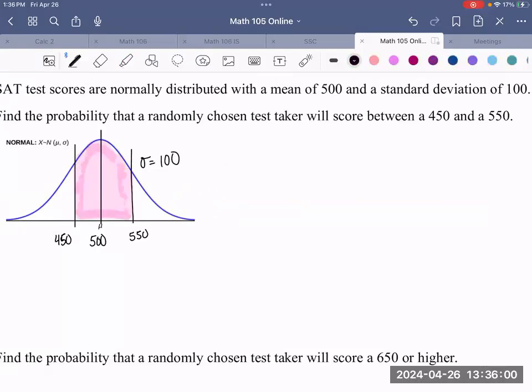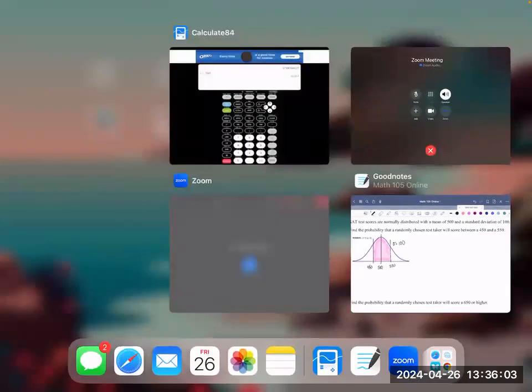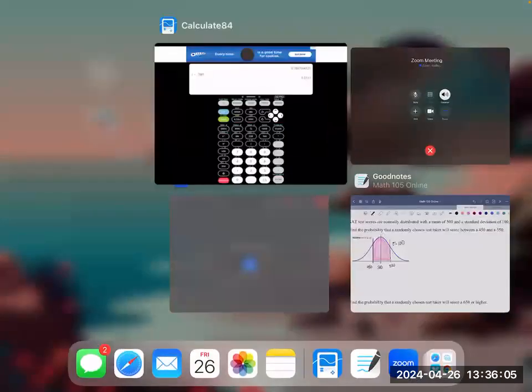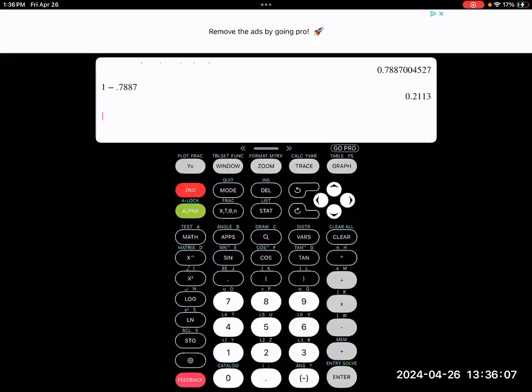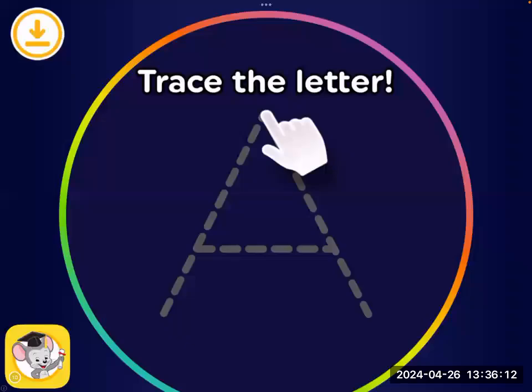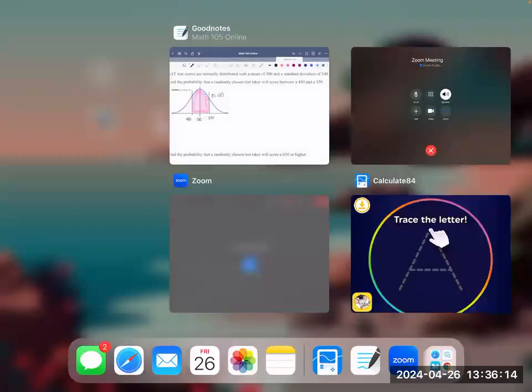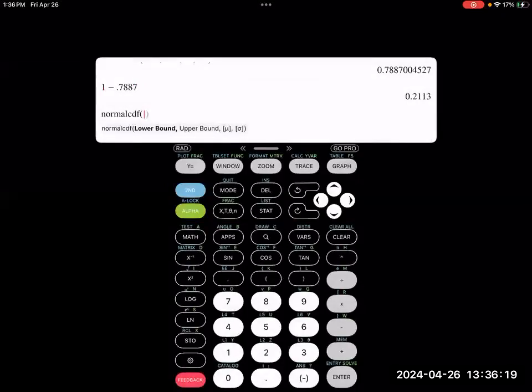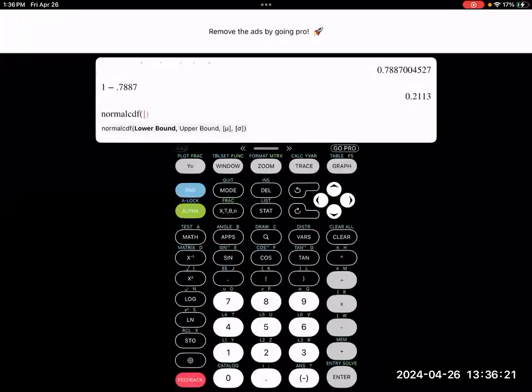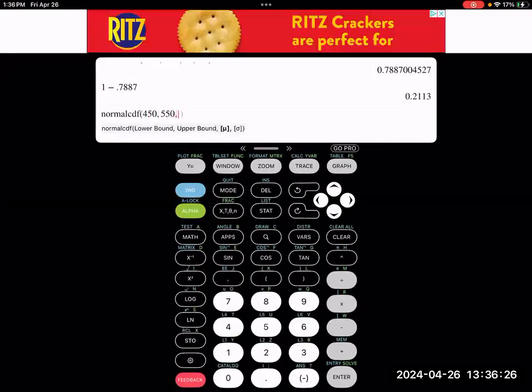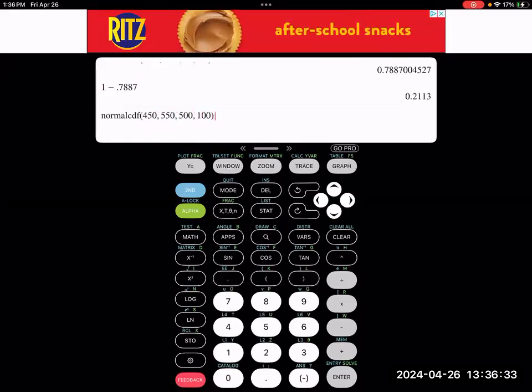Okay. So on your calculators, we said we're going to type in second vars, CDF, your lower value. Your lower value we said was 450, comma. The upper value was 550, comma. Your mean, 500. Your standard deviation of 100. Close your parentheses.